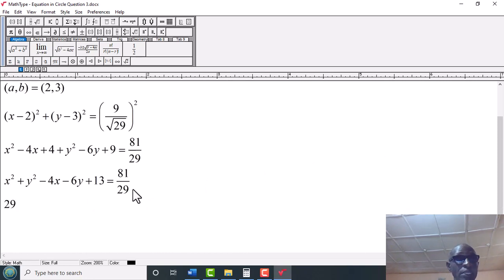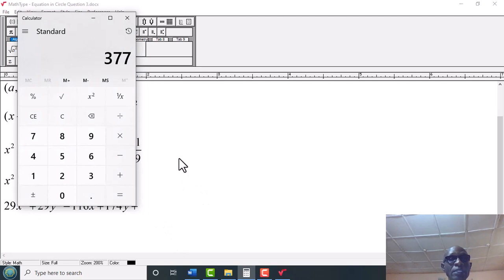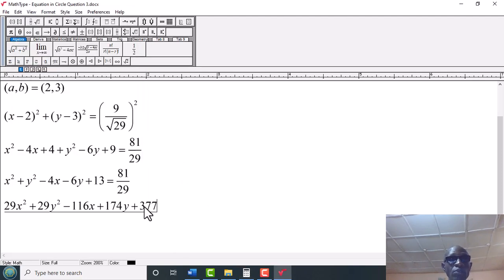So we now have 29x squared plus 29y squared minus 116x minus 174y plus 377 is equal to 81.